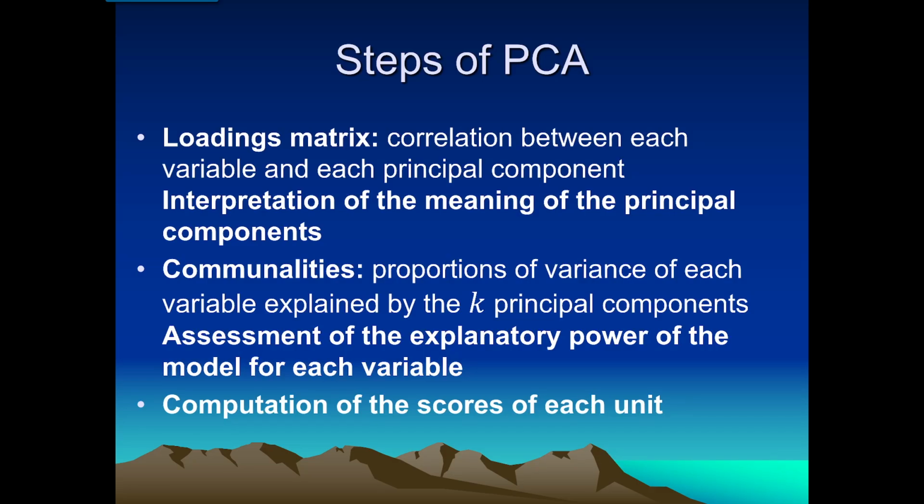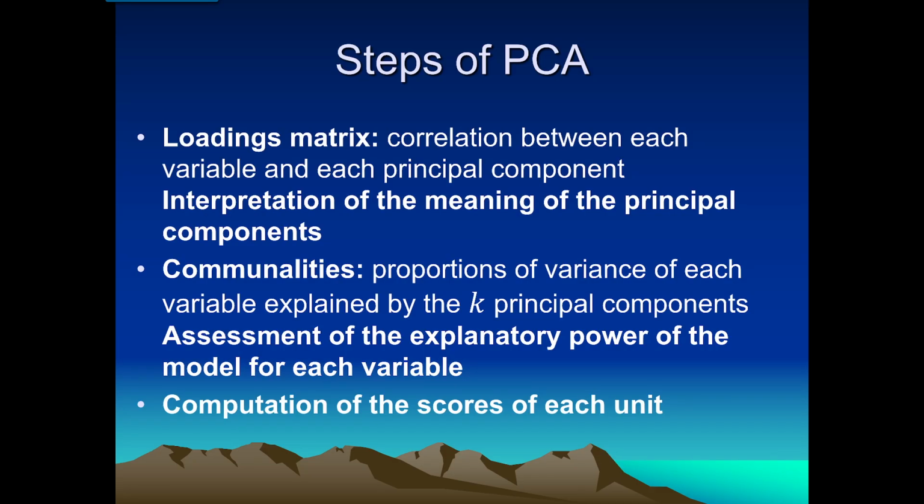So, then, check the communalities. The communalities are the proportion of variance of each variable which is explained by the K components. It could be that a variable is fully explained by the first principal component, so the angle is very small, or it could be explained by the second principal component. That is, each variable has a variance which is equal to 1.